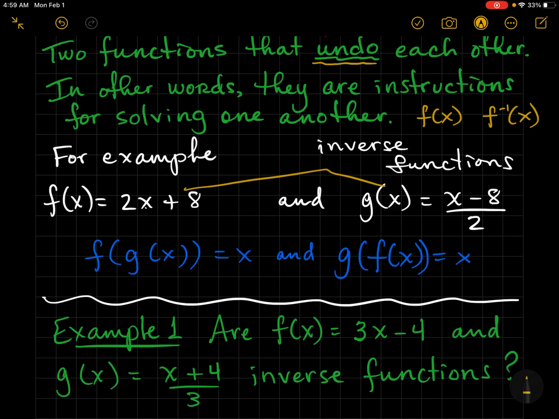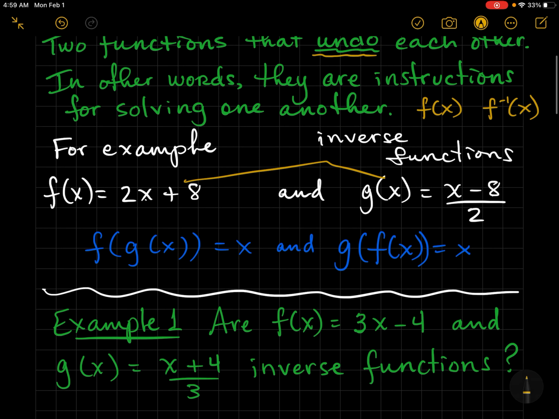So if two functions are inverses, they'll tell you how to unfold each other. If you look at f of x, this says multiply x by 2 and add 8. Well, if we wanted to get x by itself, we would say, first we're going to subtract 8 and then divide by 2. And that's exactly what g of x is doing.